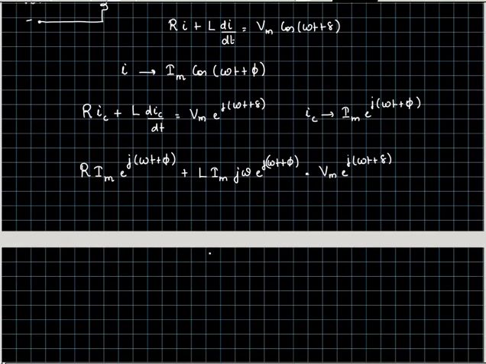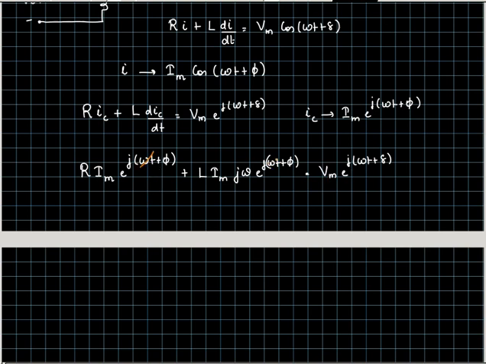Right, now you have an equation which does not contain any derivative terms. It is a complex equation, and further advantage is gained by noticing that you have an omega t term common in all of these equations.